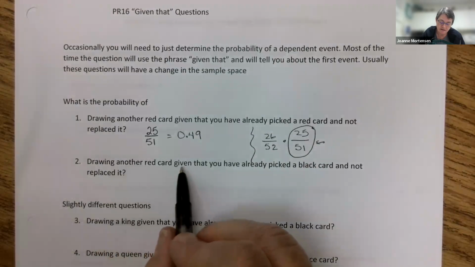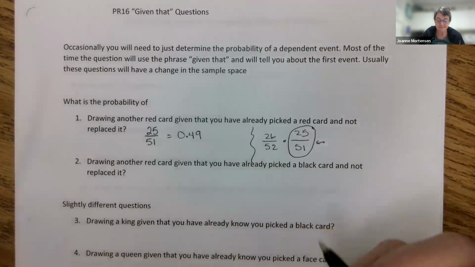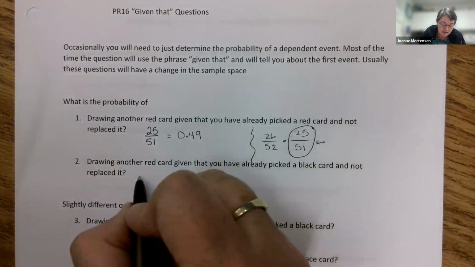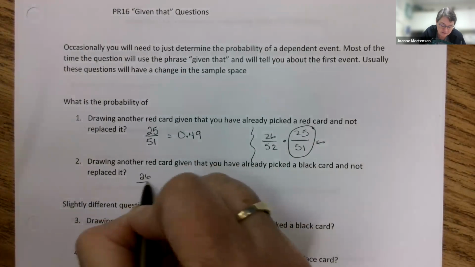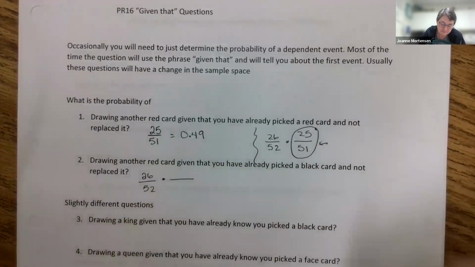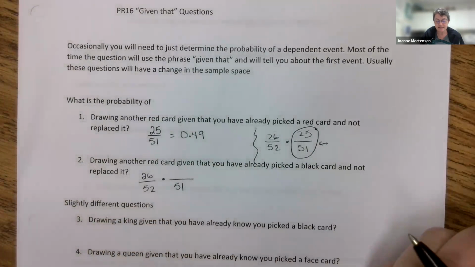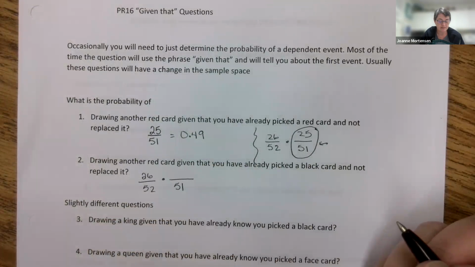Drawing another red card, given that you've already picked a black card and not replaced. 26 black out of 52 times. Now, I didn't replace it, so this is 51. But this time, how many red cards are there?